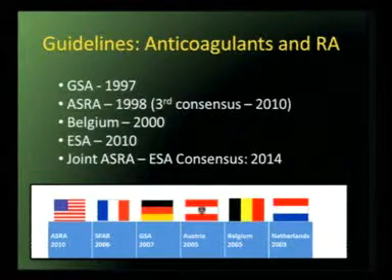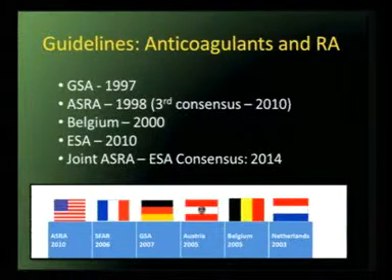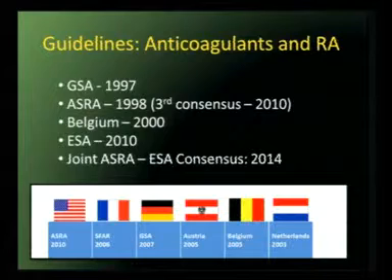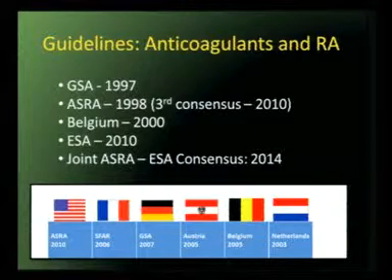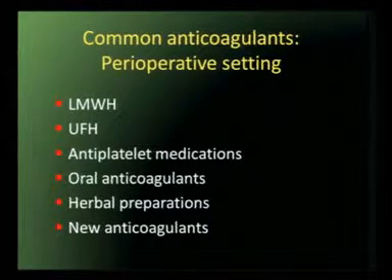If you see the ASRA guidelines which we all follow, there have been 3 consensus guidelines in 1 decade. It just means that we are still on a blind path. But from several reports and reviews of small case series, we have certain guidelines which I shall be discussing today in my talk. And the bottom line is maximizing safety.